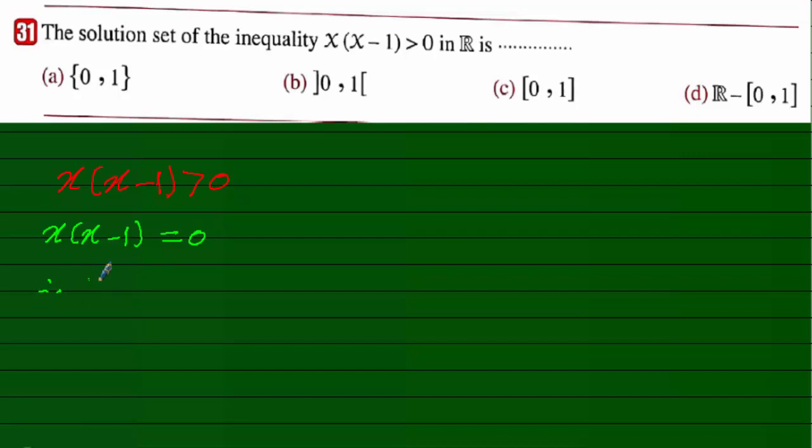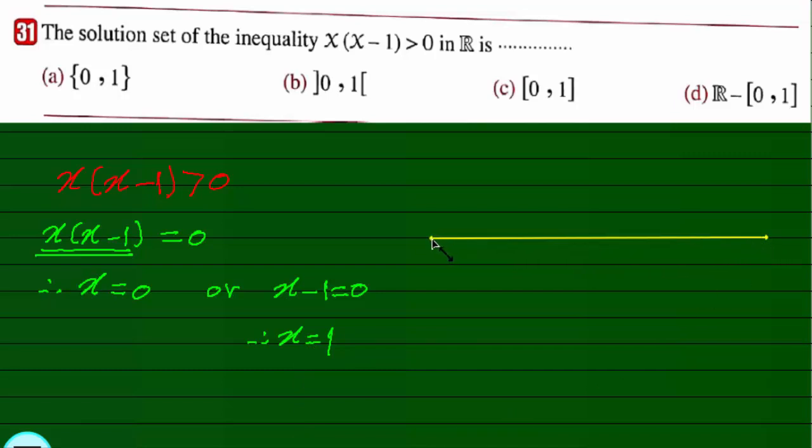Then here it is factorized already, so x equals 0 or x minus 1 equals 0. It means here x equals 1. So this expression equals 0 when x equals 0 or x equals 1. And let us go to the number line here and we draw this number line, and we divide it here.